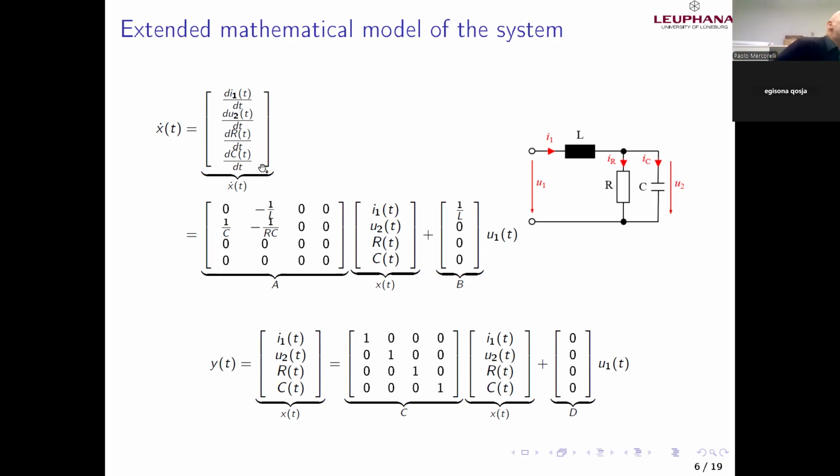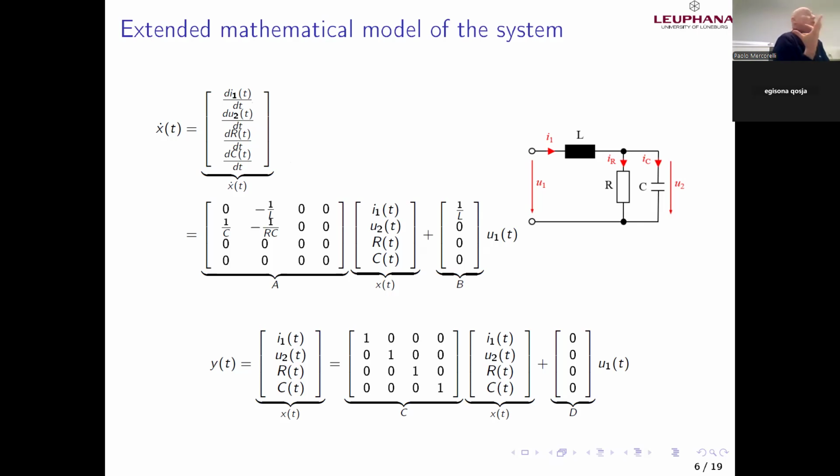Here, I pretend something more. I pretend to estimate the resistance and the capacitance. This means I will extend the system with respect to the resistance, and I will extend the system with respect to the capacitance. This means we don't have just 3 states as in the motor, but we have 4 states.